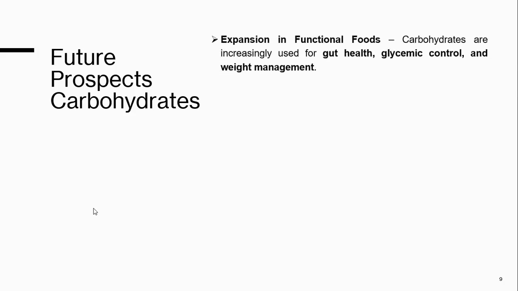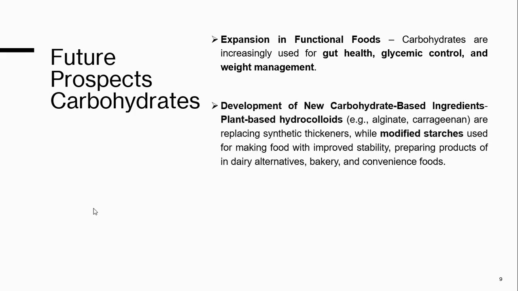So now let us see what are the future prospects of carbohydrates. Carbohydrates are increasingly used for gut health, better glycemic control, and weight management. So they are very essential in the development of functional food products. And nowadays, alginate and carrageenan are being used as replacements for synthetic thickeners. And some of the modified starches are used in making food with improved stability and preparing products of dairy alternatives, bakery and convenience foods.